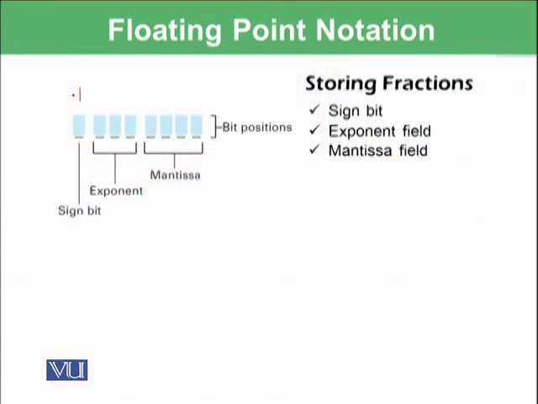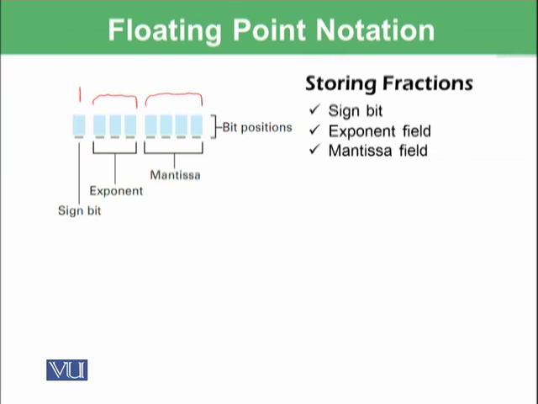If there are 8 bits, 1 bit is given to the sign bit, 3 bits are given to the exponent field, and the mantissa field is 4 bits in our example. The sign bit tells us that if there is a 0 stored in the sign bit, the number is positive.